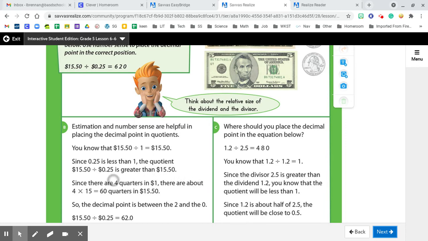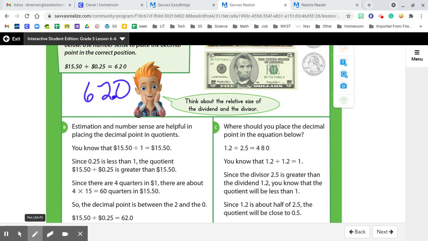And I like this strategy. Since there are 4 quarters in $1, you can say how many quarters would be in $15. So I would say 4 times 15 equals 60. So our answer is going to be around 60. Our decimal is going to be placed after the 62.